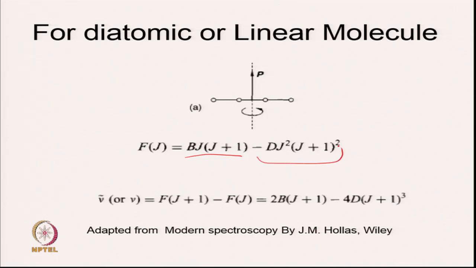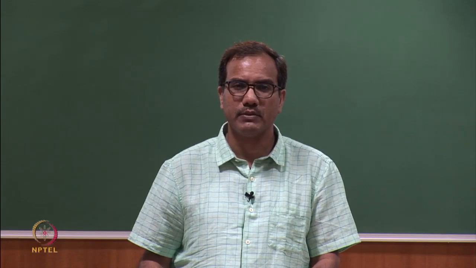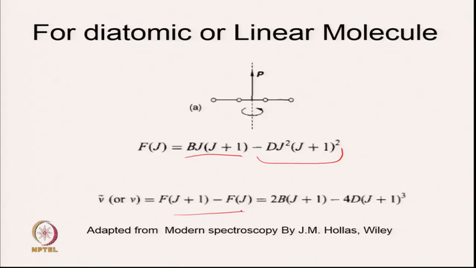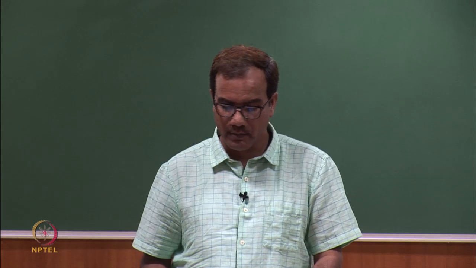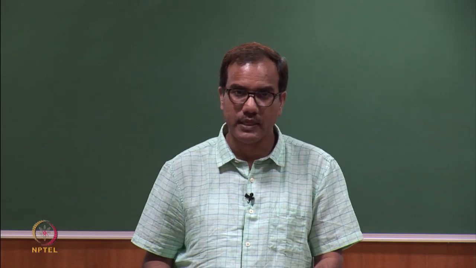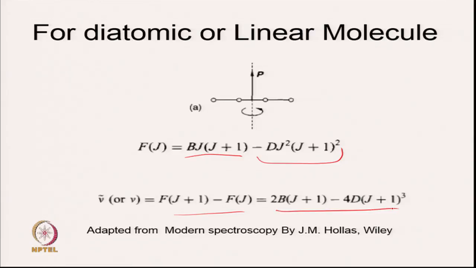What you get now is another term which takes into account the distortion, so minus D J square (J plus 1) square, and we can again calculate nu bar. In this case it is simply by using F(J plus 1) minus F(J). So, we are again looking for the transition between the Jth level and the J plus 1 level, since these are the allowed transitions, and what you will get is 2B(J plus 1) minus 4D(J plus 1) cube.